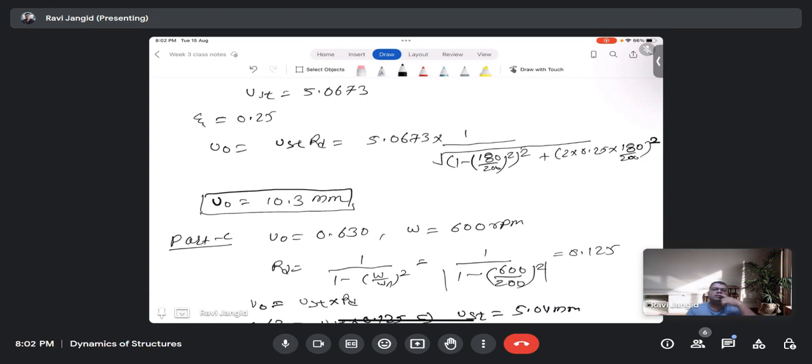The first question is okay, we got the frequency, but after 10 times the natural period, if you calculate the logarithmic decrement, so much decrement will be there. I'm getting 1 radian per second, meaning 10 times decrement.